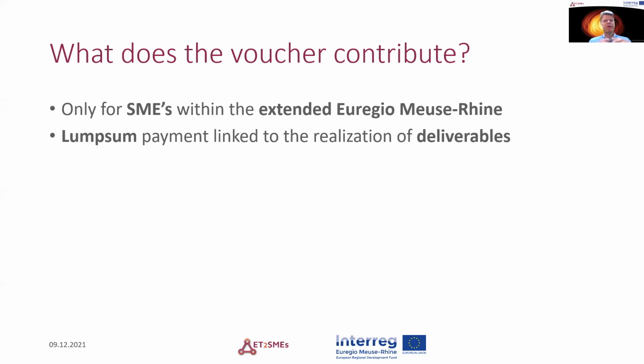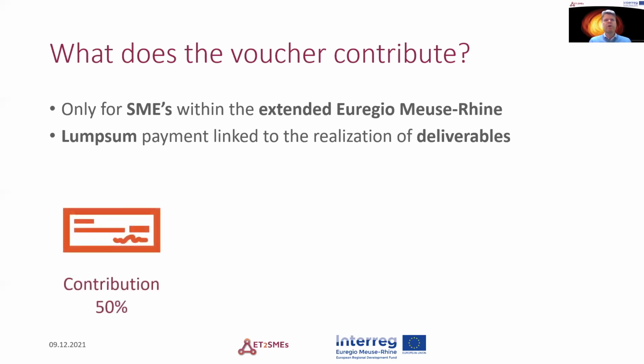And as I mentioned earlier, if you realize the deliverables at the end of the project, and you can prove that you realized the deliverables, then the voucher will be paid as a lump sum value. Now, the contribution of the voucher is 50% of the project costs that are necessary to realize the deliverables, 50%.